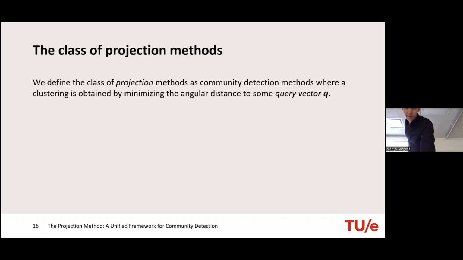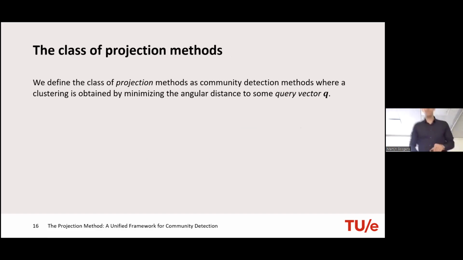We define a class of community detection methods as projection methods, where we detect communities by first mapping the graph to this hypersphere and then minimizing this angular distance over the set of clusterings.